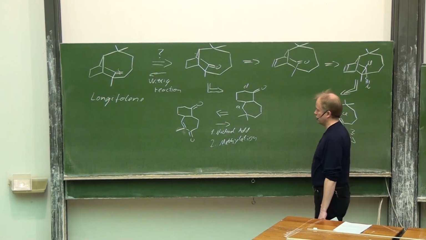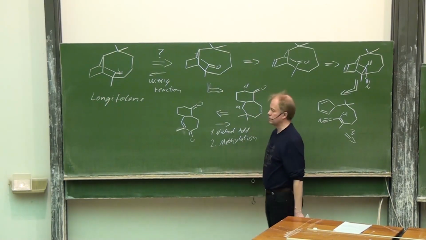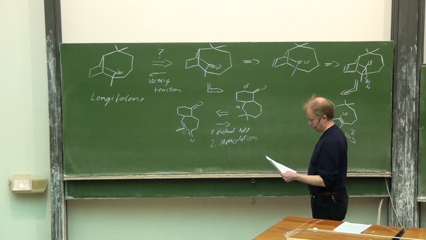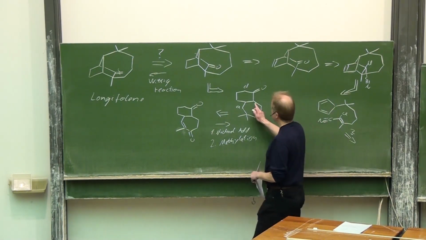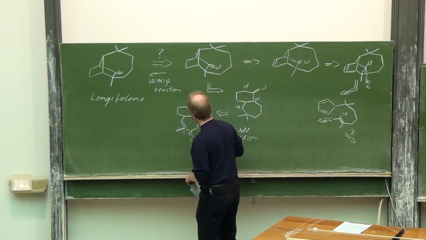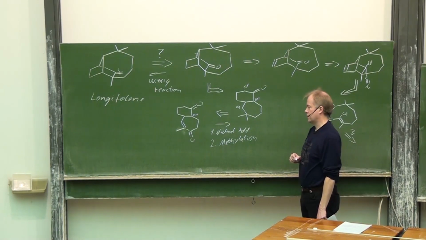And later on, one has to get rid of that additional carbonyl group by some reduction method. Well, I have forgotten in the structure the methyl group here. So let's add the methyl group there.